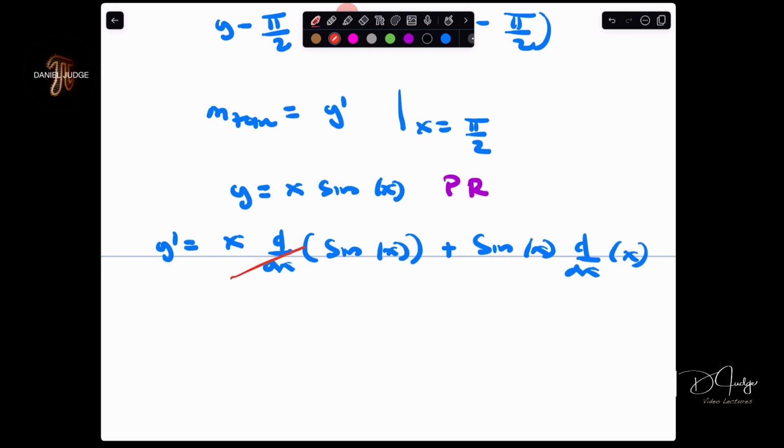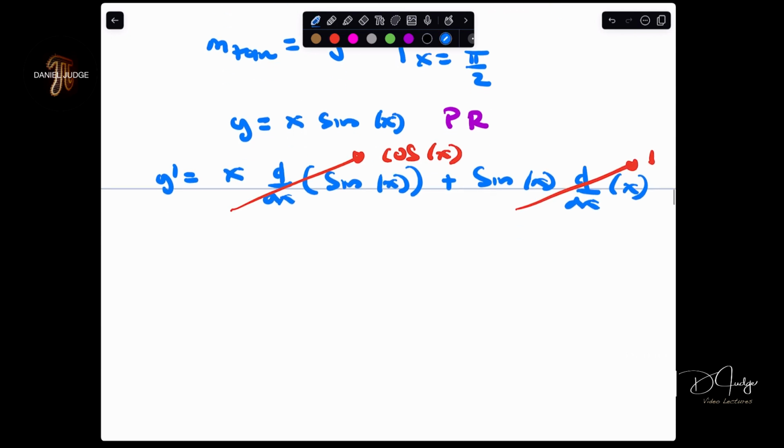So, ladies and gentlemen, derivative of sine is actually cosine. The derivative of x is 1. So, y prime is x cosine x plus sine x.